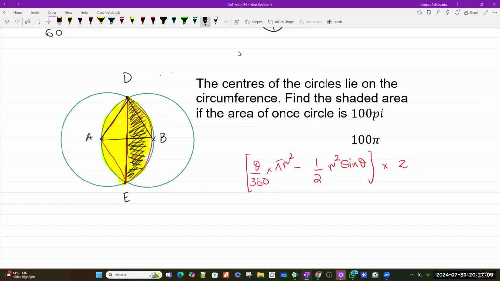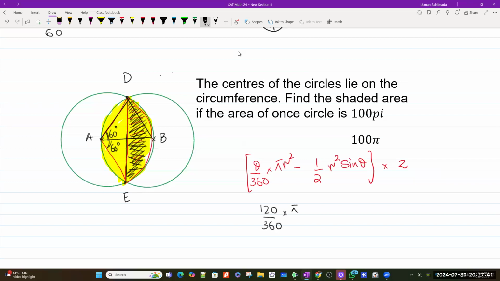Because A is the center of the circle and B is also the center of the circle. AB is a radius. A to D is also a radius, because center of the circle to the circumference. Since AB is the same thing, B to D is also a radius. If all lengths are equal, then this is 60 degrees. If that is 60, the angle at the bottom is also 60. So you know that the angle is 120.